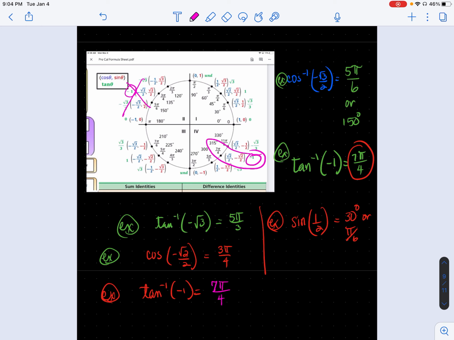Now watch what happens. Because this is in the fourth quadrant, angle 7 pi over 4 is this one, right? And then this is the stationary hand. When going in the fourth quadrant, 7 pi over 4 is actually representative of going counterclockwise because it's a positive angle. So this represents 7 pi over 4.